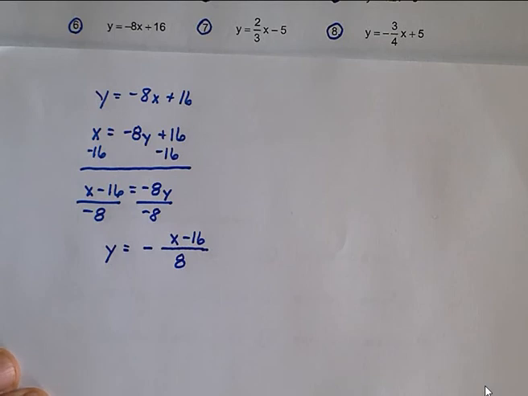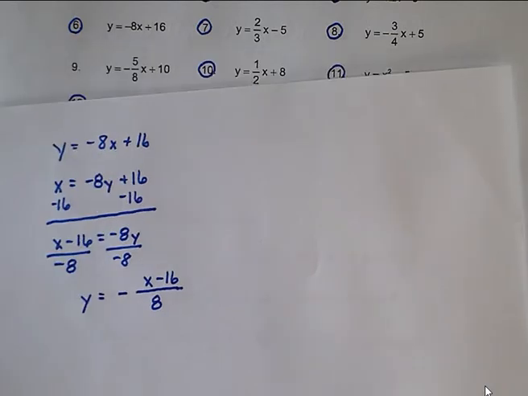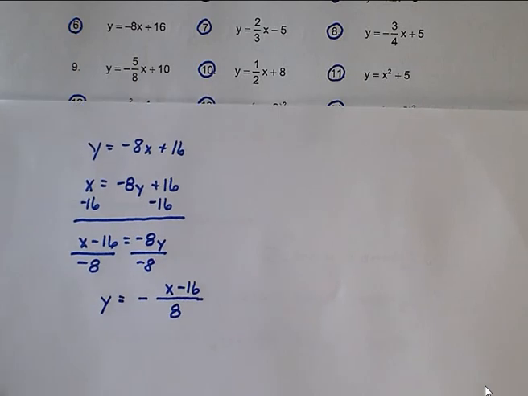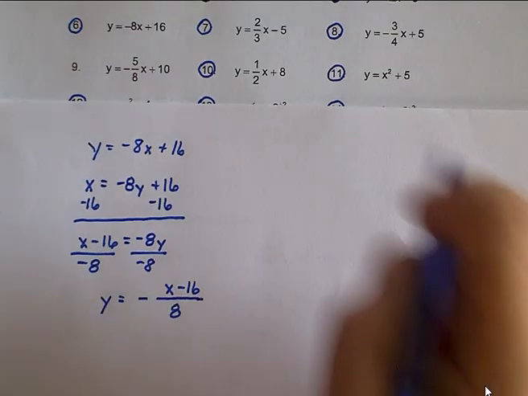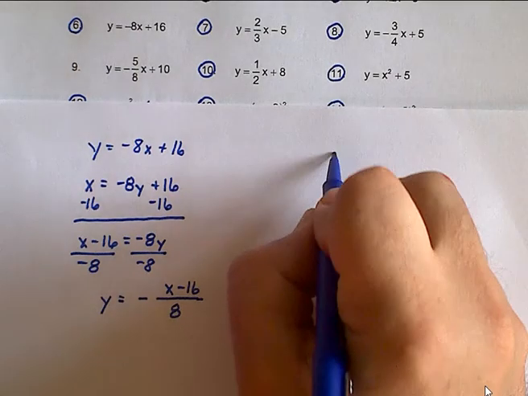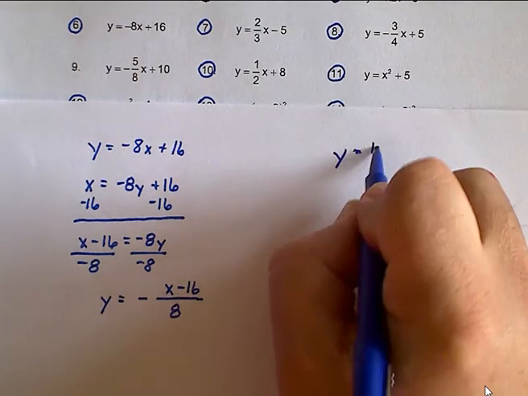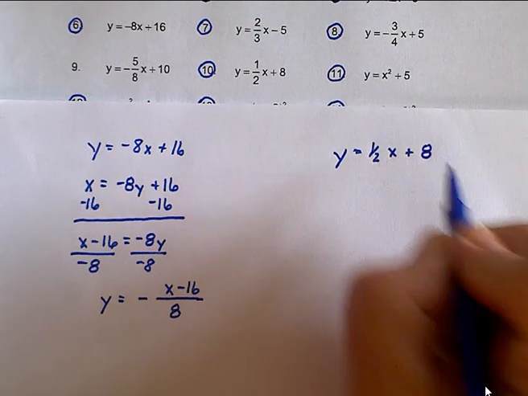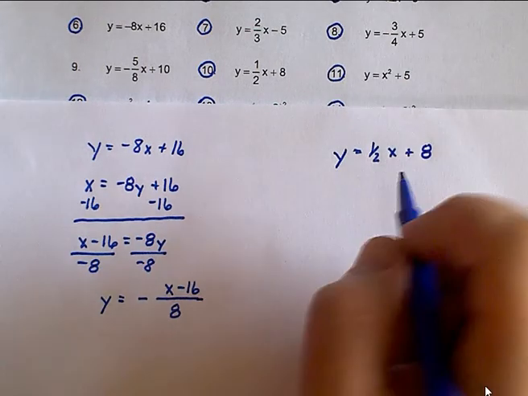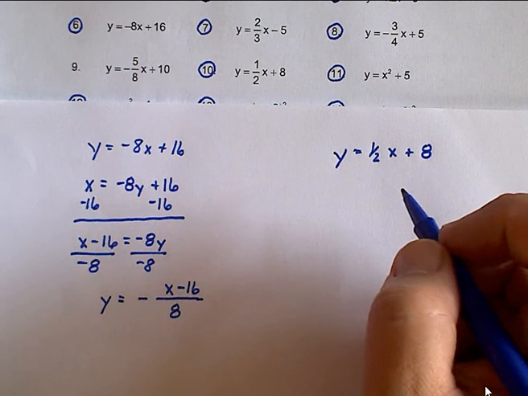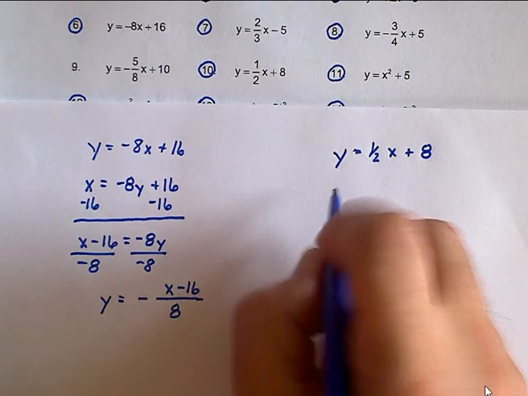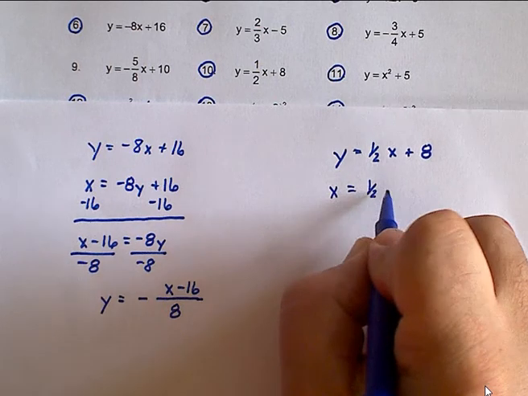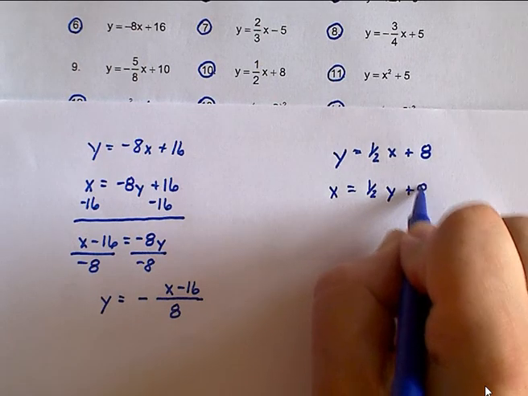Okay, 7, 8, and 9, or 7, 8, and 10. The only difference there is the fractions. So I wanted you to do one like that. Number 10. If I know that y equals 1/2 x plus 8, again, start out by switching the x and the y, and again, solve.